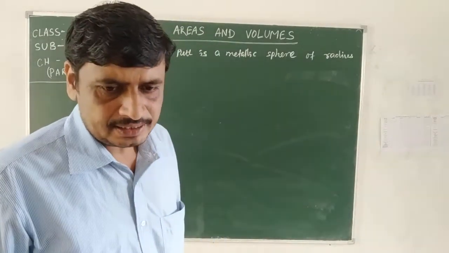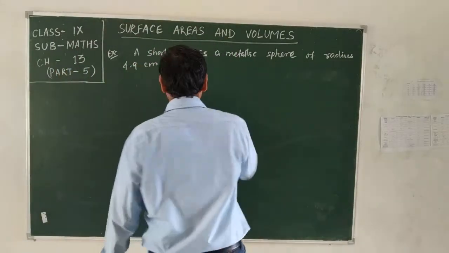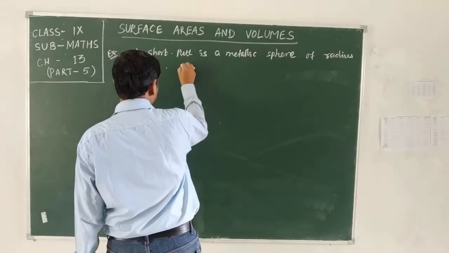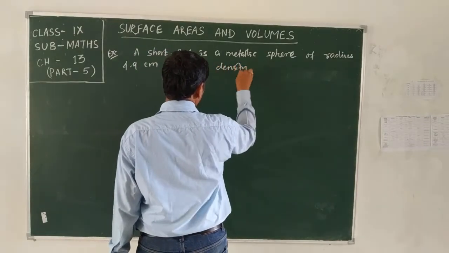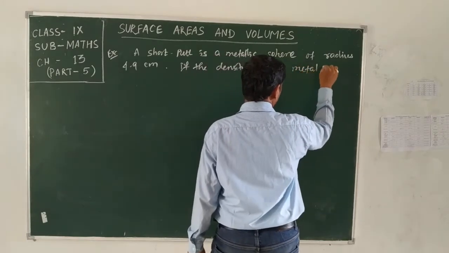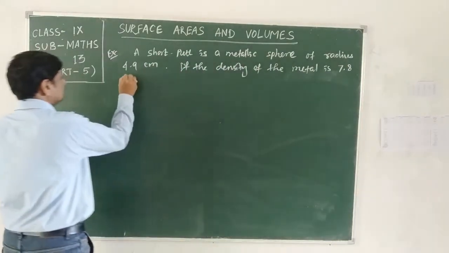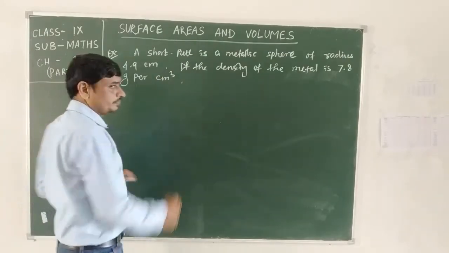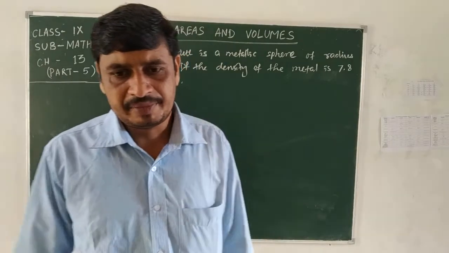If the density of the metal is 7.8 gram per cm cube, find the mass of the circuit.